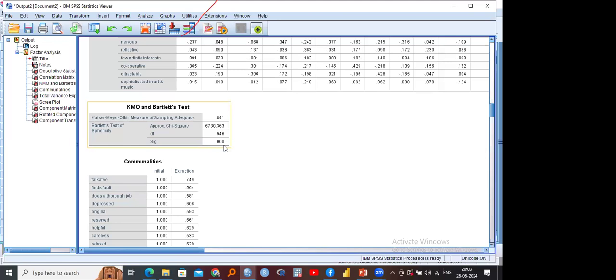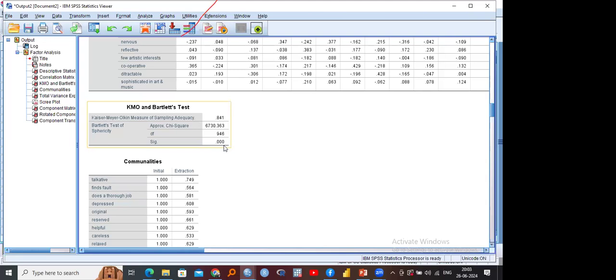Next, we come to the KMO measure of sampling adequacy. This also tells you how suitable your data is for factor analysis. How fit is it? Its value lies between 0 and 1. As I already said in the theory part, if its value is more than 0.7, sorry, then you can go ahead with factor analysis.